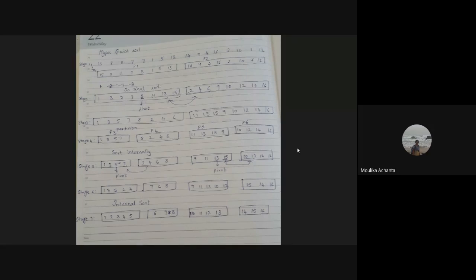Here the middle element 8 is taken as the pivot. Elements less than 8 in P2 were swapped with elements greater than 8 in P1. After this, we get the sublist 1, 3, 5, 7, 8, and after 8 we have 2, 4, 6, which are less than 8.